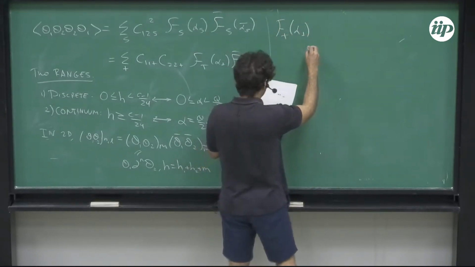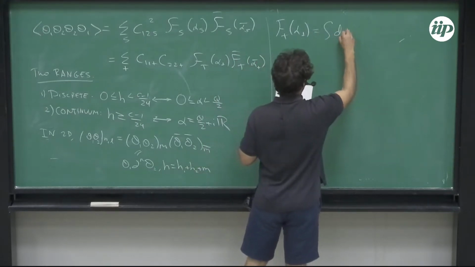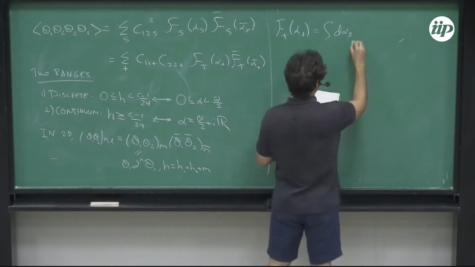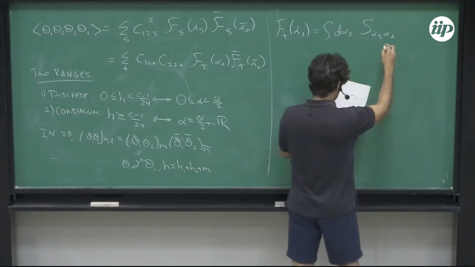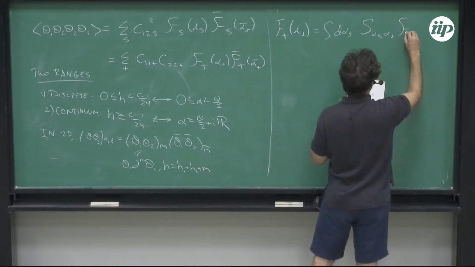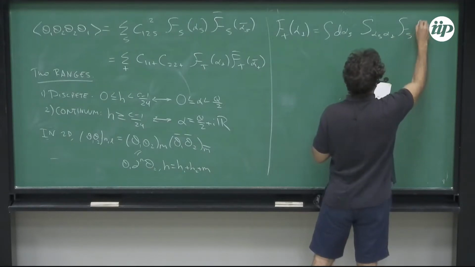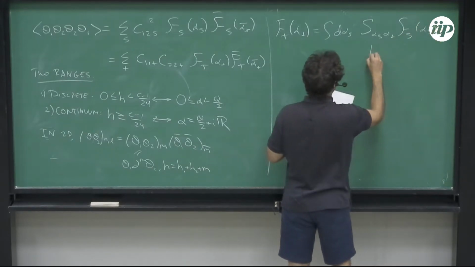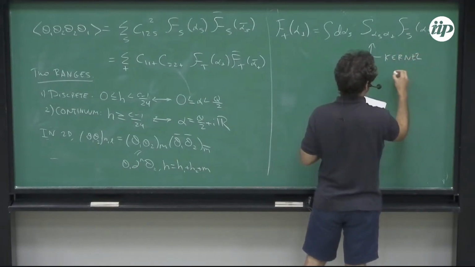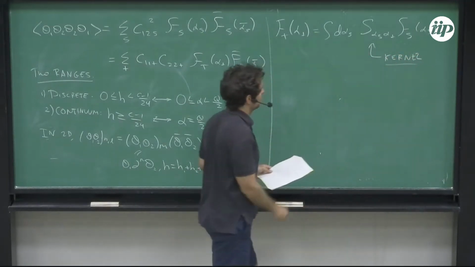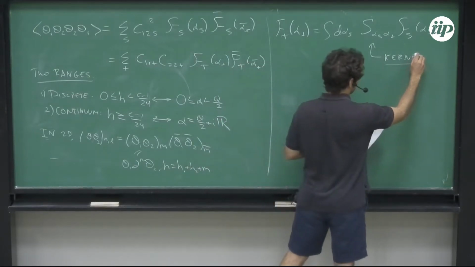Good. So the T-channel block can be written in terms of S-channel blocks, and we'll write it as an integral over S-channel momenta times this S of alpha_s alpha_t. Now this is what I'm calling the kernel. It's called S for historical reasons, but that's the Virasoro crossing kernel.